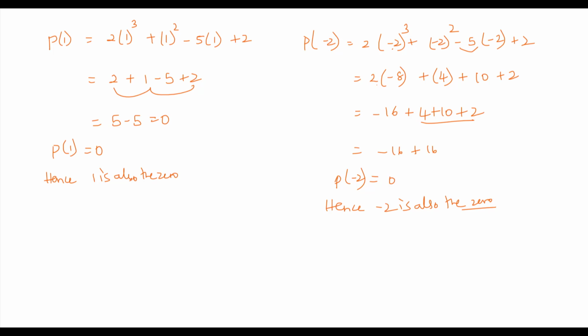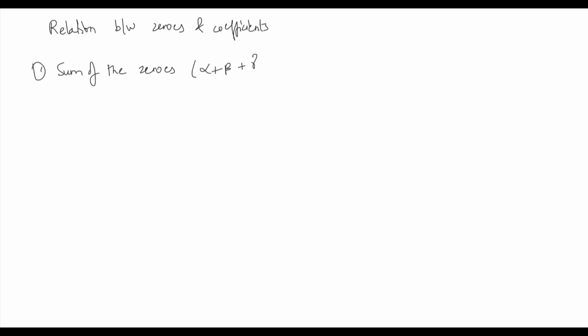Now also we have to verify the relationship between the zeros of the polynomial and the coefficients. First relation is sum of the zeros. That is alpha plus beta plus gamma should be equal to minus b by a.